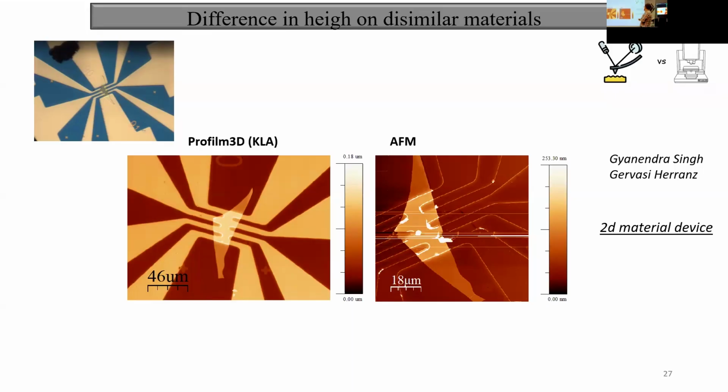This is an example of, for me, that you can get very nice images, but wrong height, and that you have to be careful. In fact, here you are having three different surfaces: a metal, an oxide or silicon, and the 2D material.